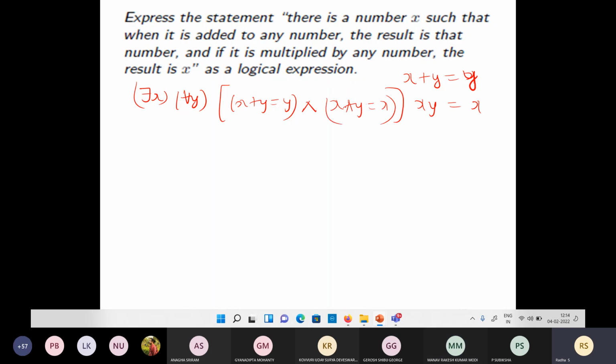If you don't like this way of writing, you can give a symbolization for this statement. It's not that easy, right? x plus y equal to y. Okay, you can write this way itself. This is enough.